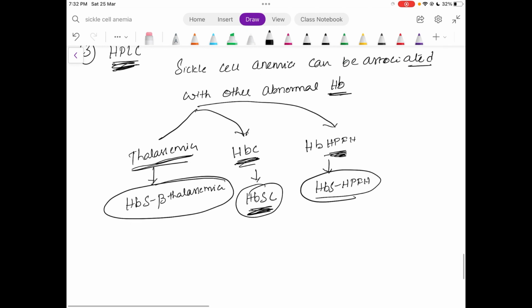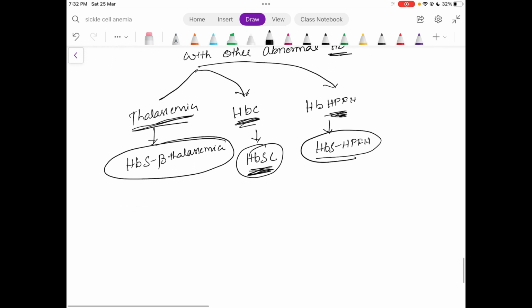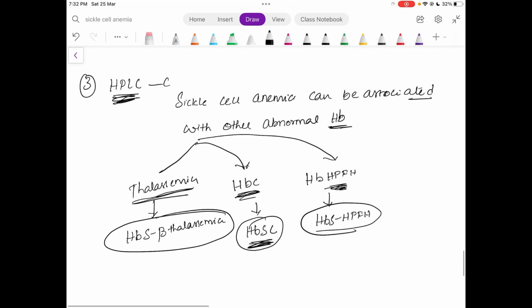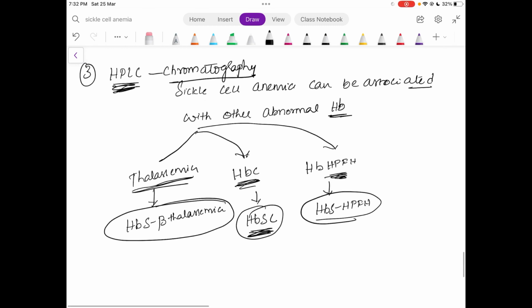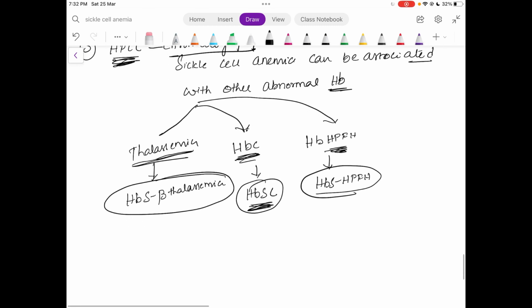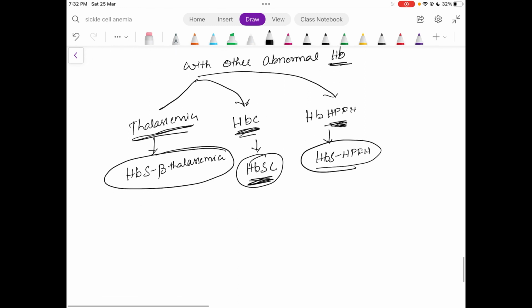These can be separated with the help of the HPLC method. This is a type of chromatography, high performance liquid chromatography. And this is about the biochemical basis and diagnosis of sickle cell disease.